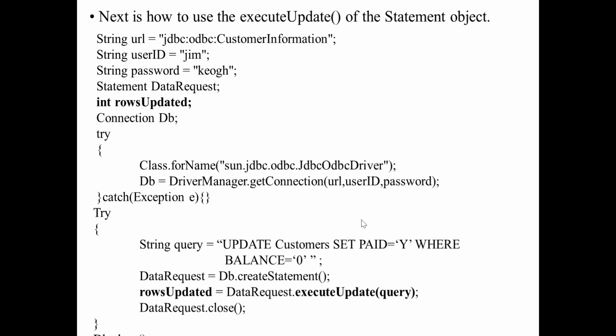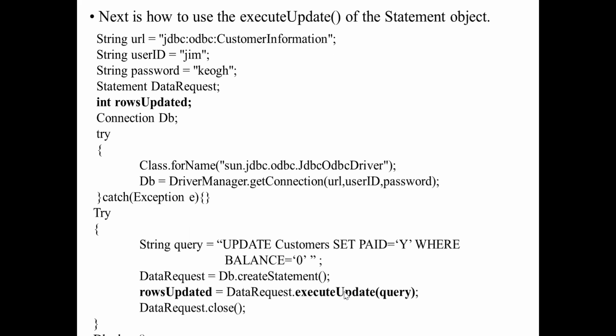sun.jdbc.odbc.JdbcOdbcDriver. Once the connection is established, I can create the connection, that is db is a connection equal to DriverManager.getConnection of URL, user ID and the password. If the connection is not established, you can go to the catch of the exception e.